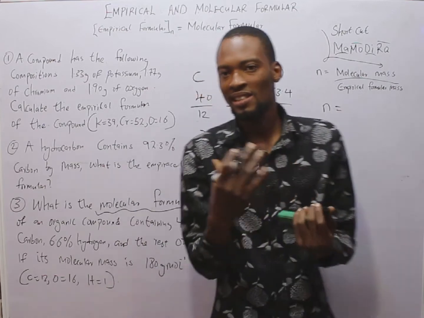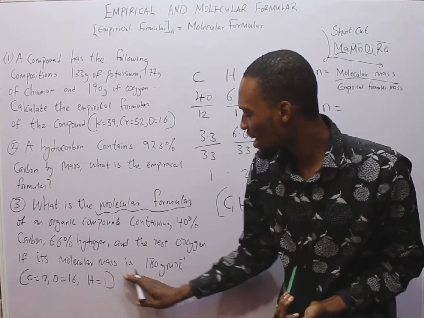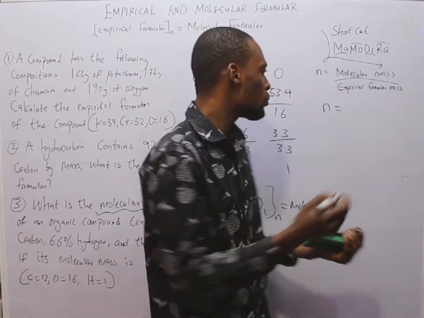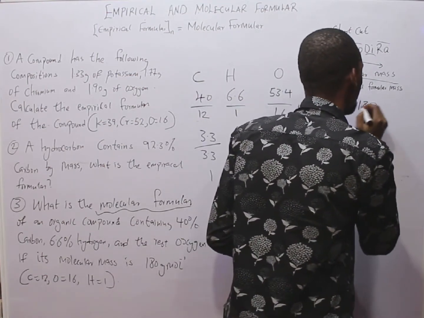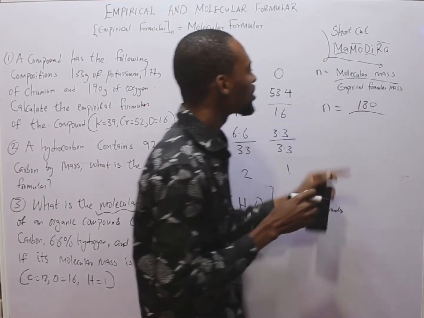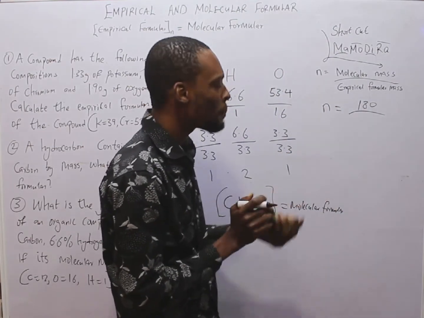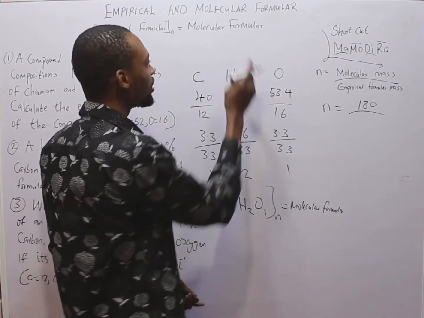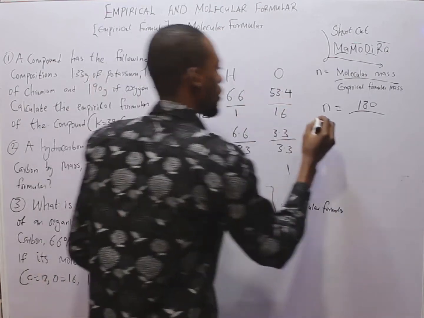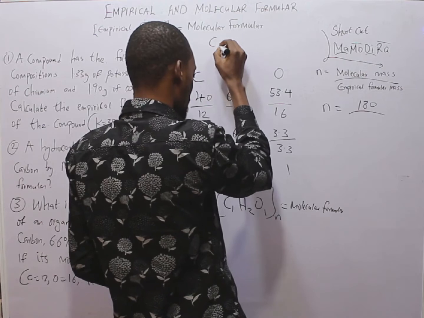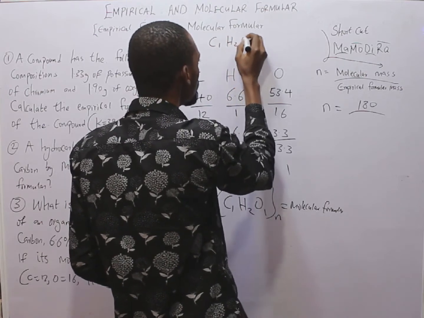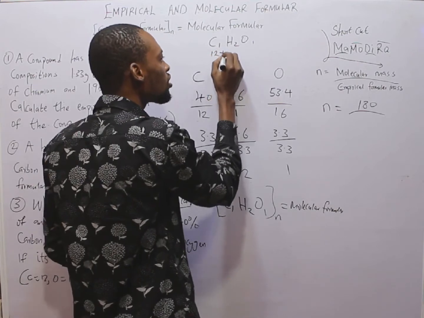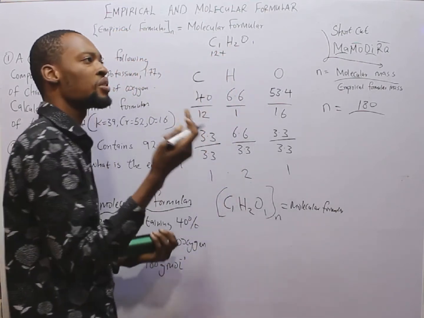And from the question, it says the molecular mass is 180 grams per mole. So molecular mass is 180. How about empirical formula mass? From here, we can get the empirical formula mass. The empirical formula is C1H2O1. The mass of carbon is 12 plus the mass of hydrogen is 1.